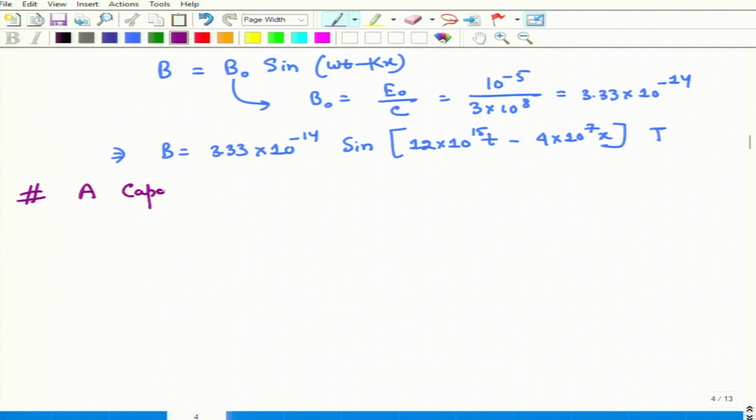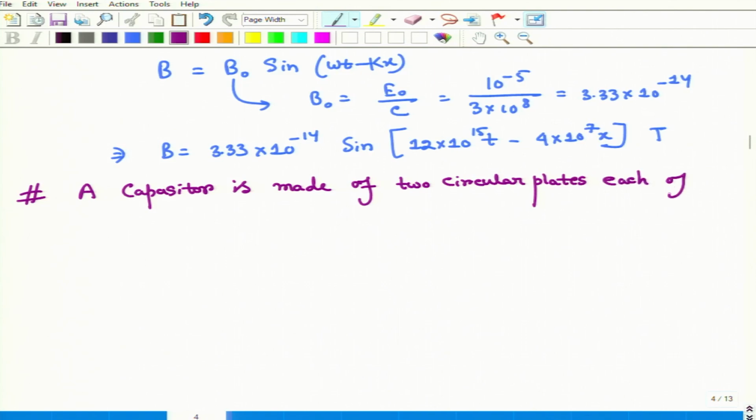A capacitor is made of two circular plates, each of radius 12 centimeter, and separated by 5 centimeter.